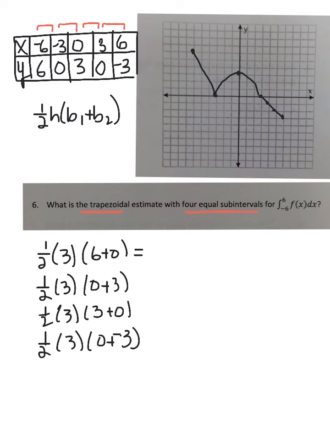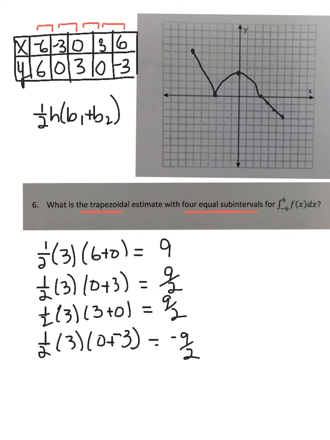All right. So we're going to have 6 times 3, which is 18, and half of that is 9. This would be 9/2. This one would be also 9/2. And this one is going to be negative 9/2.